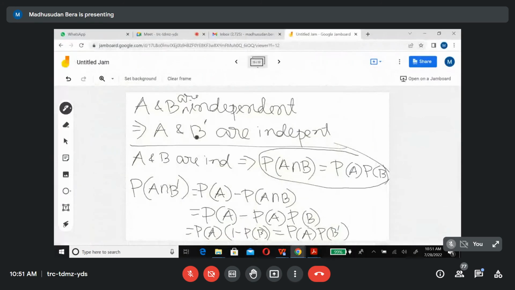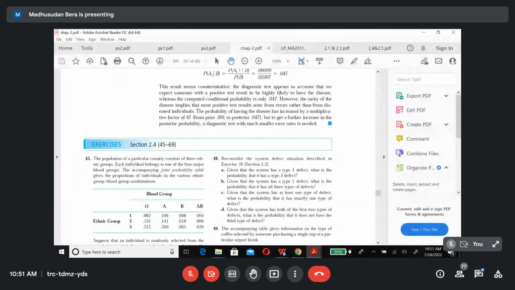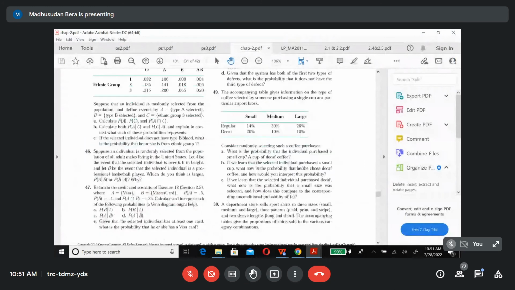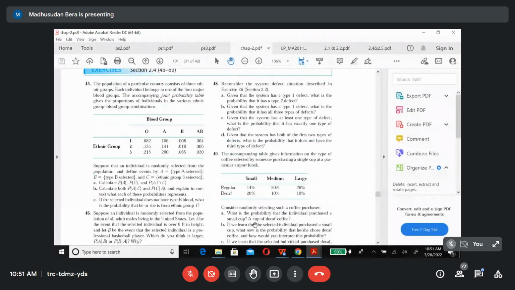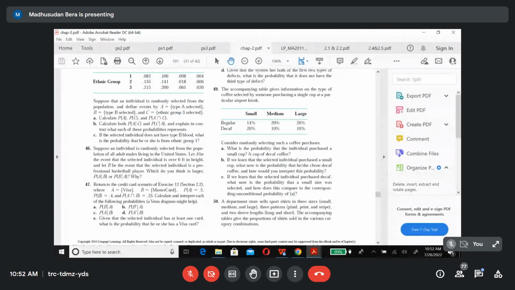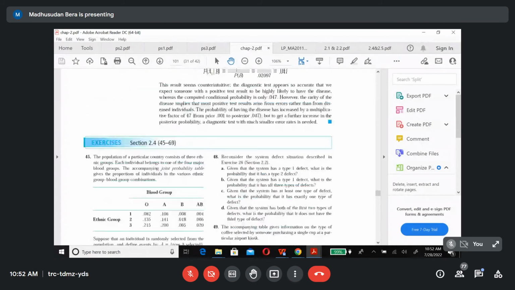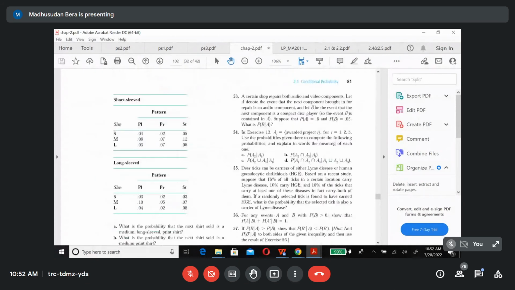Anyway, we will start the exercise in the next class. We can solve one more question from here. Mainly in the first few questions, values are given, and from that we have to find some probability.